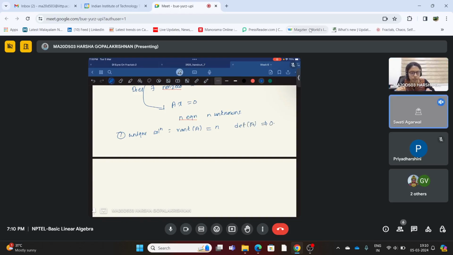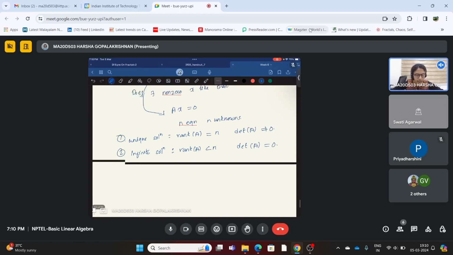Now, the other case is infinite solutions. We have only two cases for homogeneous. In that case, rank of A is less than n, and determinant of A equal to 0. This is also okay, right?